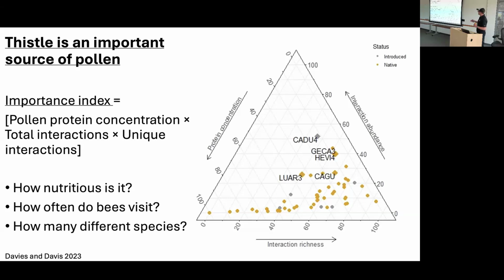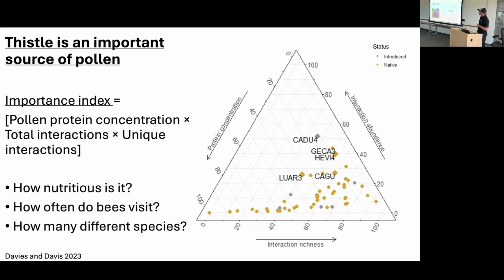So she was able to go out, collect pollen from all these different floral species that were present in the landscape, and then, pairing that with her netting data, be able to say, how many interactions does this species support? How rich are those interactions? And what's the protein content of that pollen? In other words, how nutritionally useful are these plants to bees? And by multiplying all these things together, we're able to create this index of relative pollinator importance.